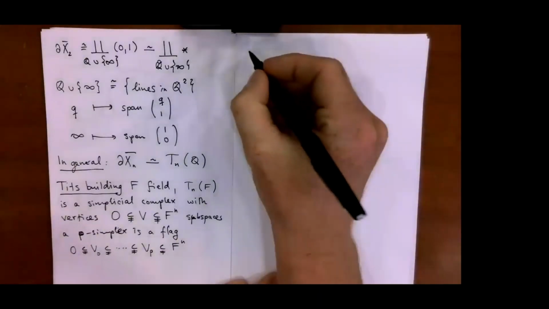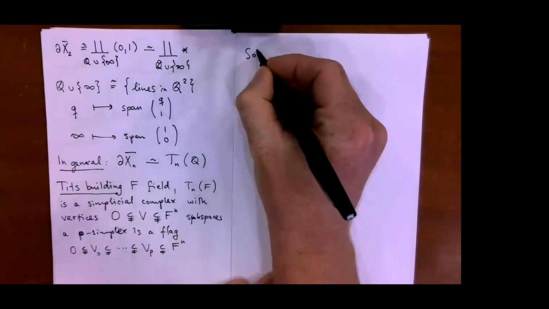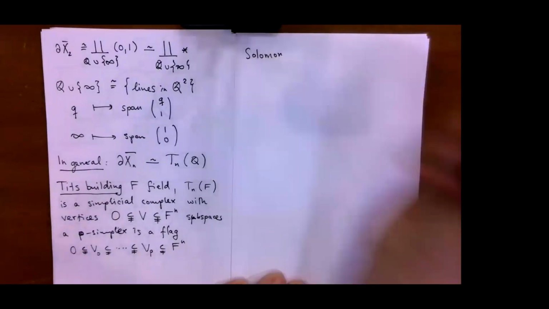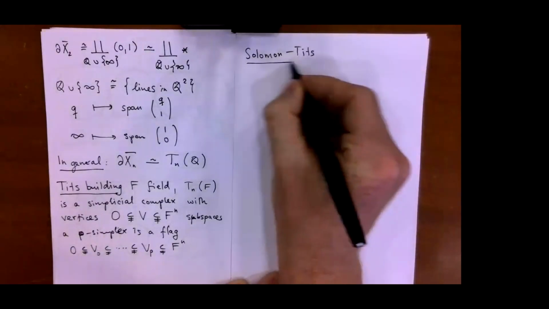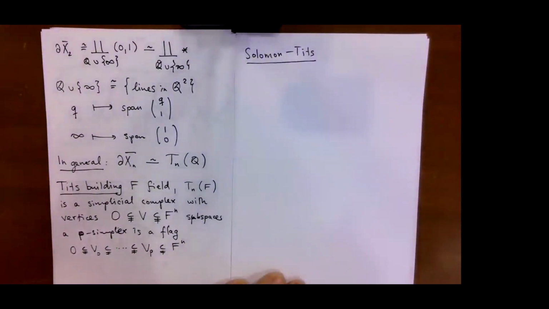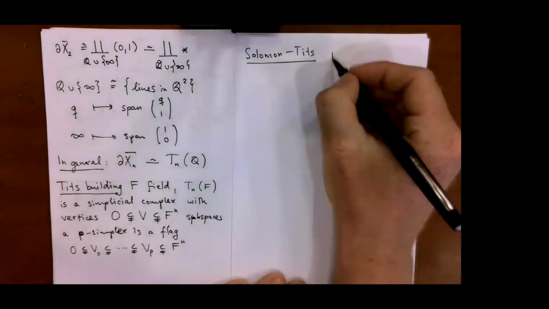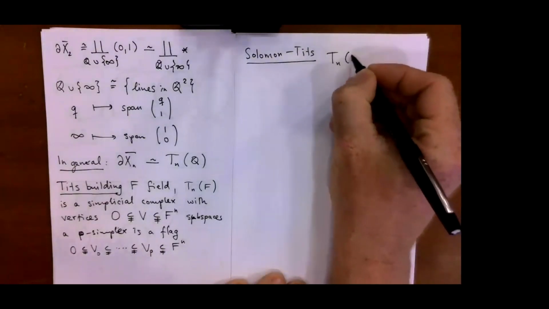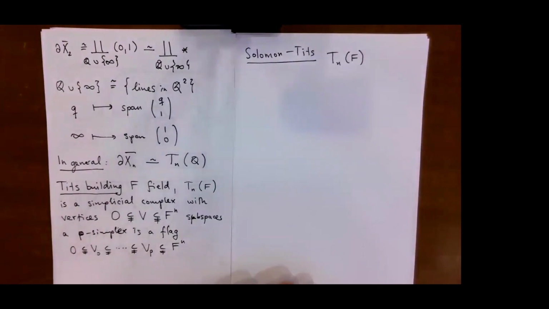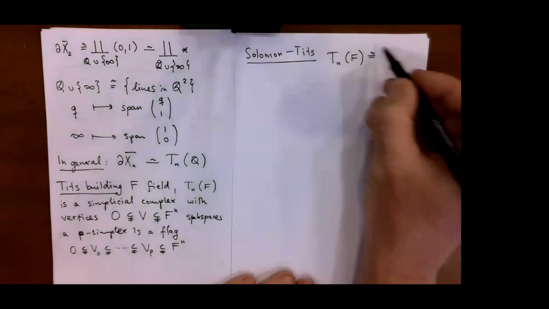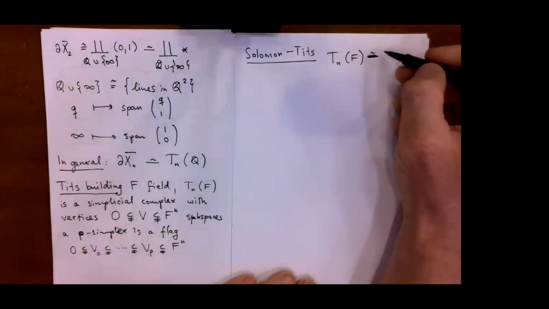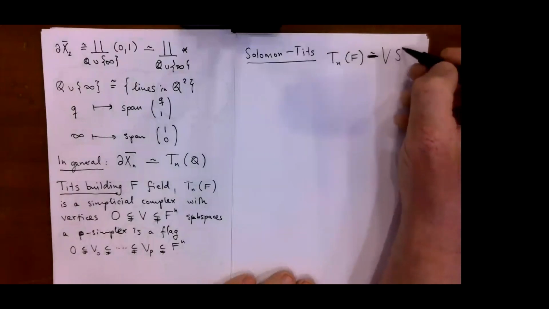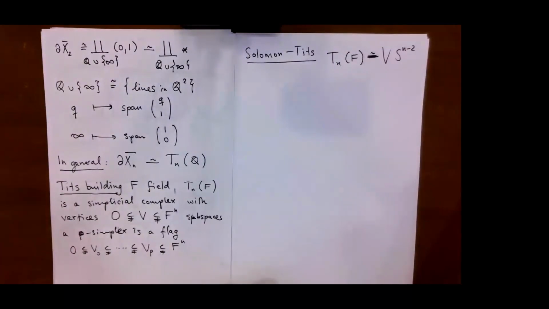Now, the cool thing about this is that it's a simplicial complex, and so I can view this as a topological space. And as a topological space, this turns out to be a wedge of n-2 spheres. What does that mean?